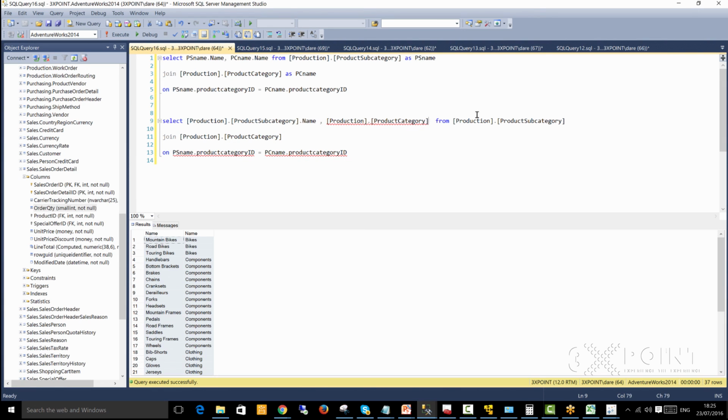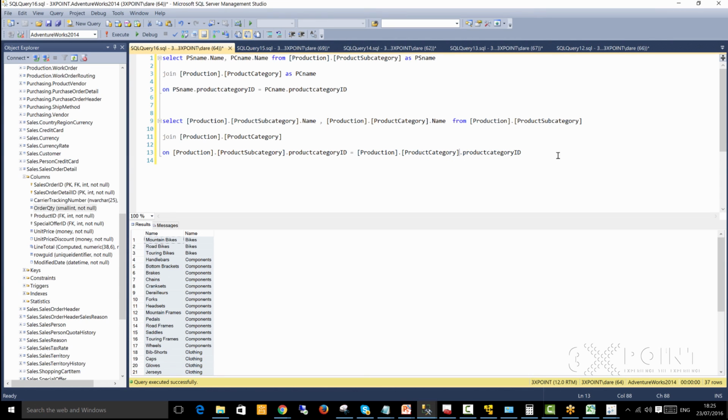You say dot again, it brings out this, right? And you can see this PS name is no longer valid because it's no longer an alias. So what you want to do now is copy this, replace it with this, and copy this, replace it with this.